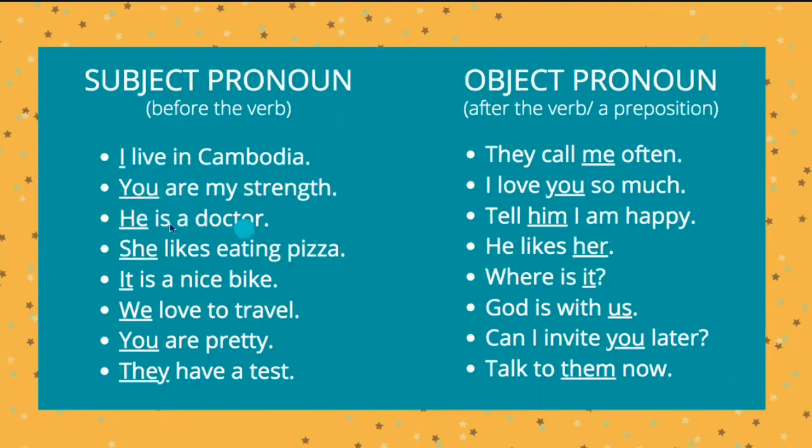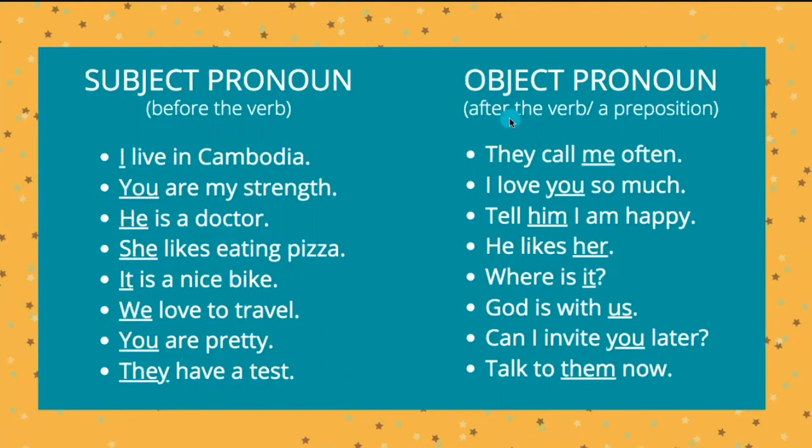He is a doctor, before the verb is. She likes eating pizza, before the verb likes. It is a nice bike, before the verb is. We love to travel, before the verb love. You are pretty, before the verb are. And they have a test, before the verb have. So I, you, he, she, it, we, you, and they are subject pronouns.